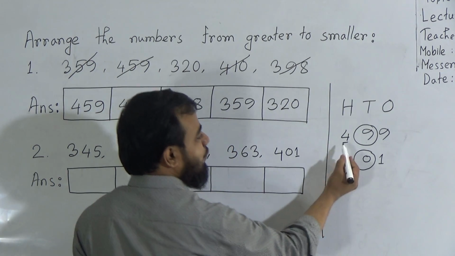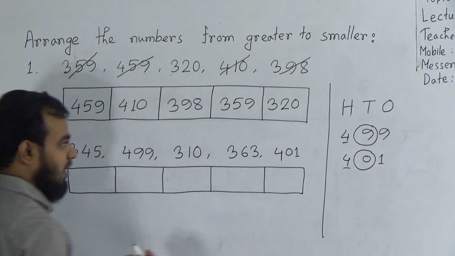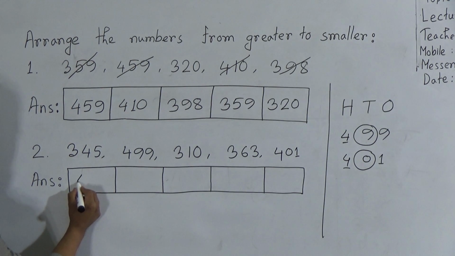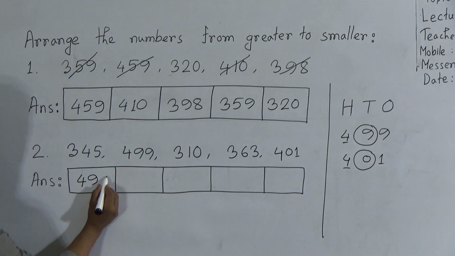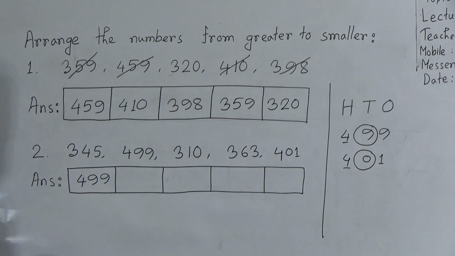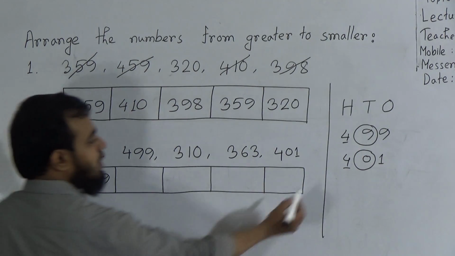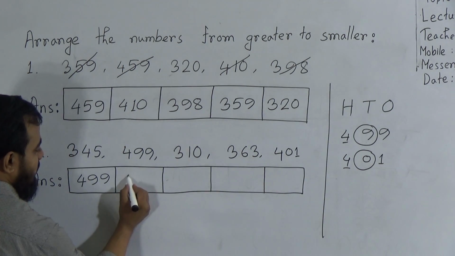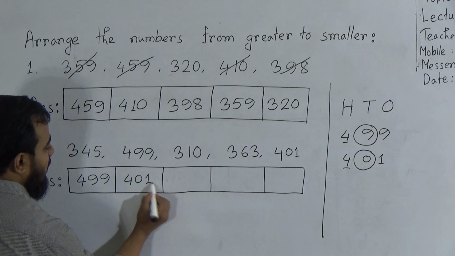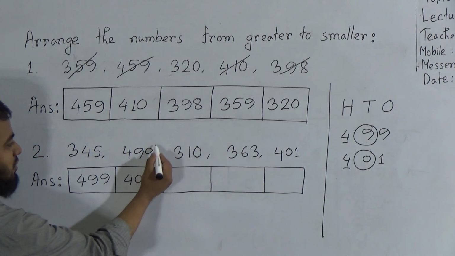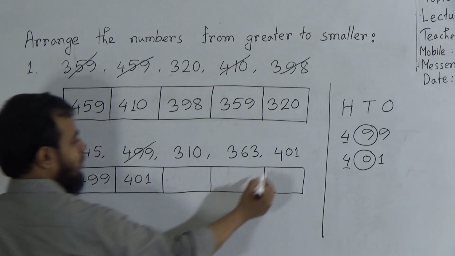So 499 will be our greatest number here. Then our next number will be 401, and we should cut these 2 numbers from the question.